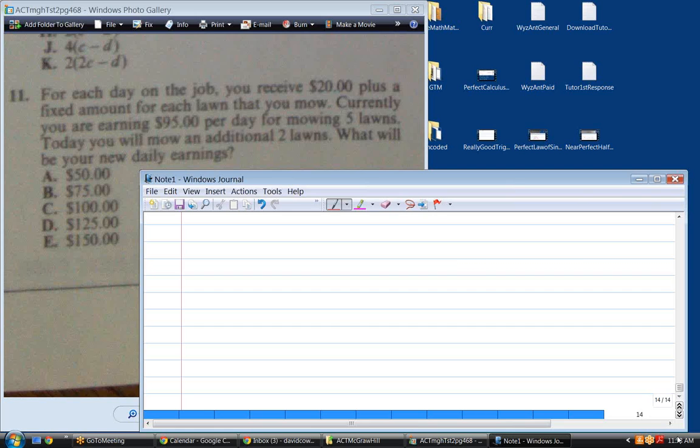Could be a three-step problem if you don't spot the shortcut, but the most efficient way to do it is a two-step problem. The first step you have to figure out is how much you make per lawn. So if you get $95 for mowing 5 lawns, but 20 of that is just for showing up, how much did you make per lawn?